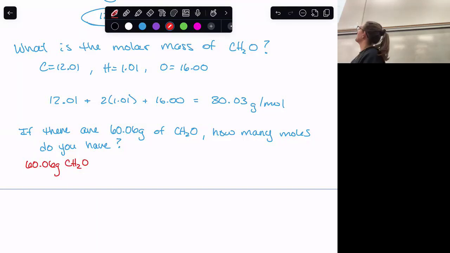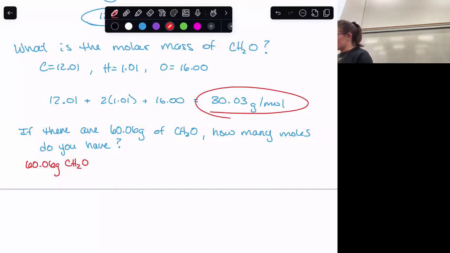Now we need the molar mass, right? We have grams, we need to get to moles. Where do we see grams and moles combined? That's in our molar mass. So if we start with grams, then for every 1 mole of CH2O, how many grams of CH2O do we have? 30.03.